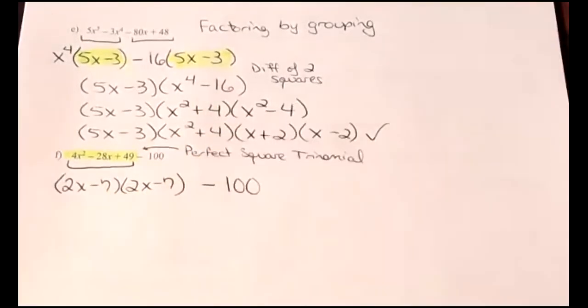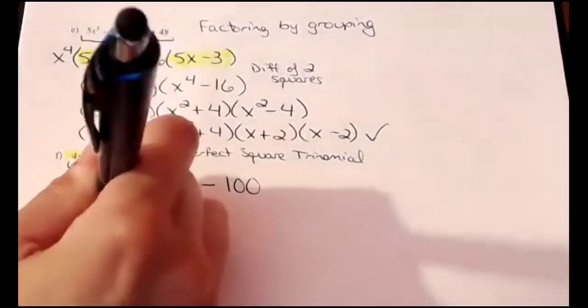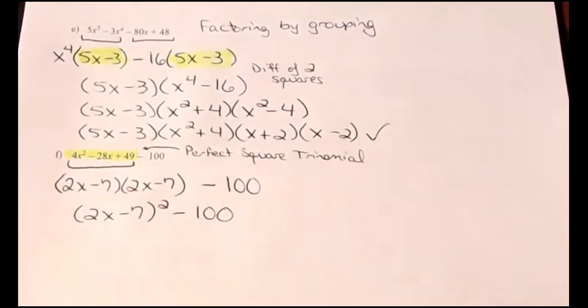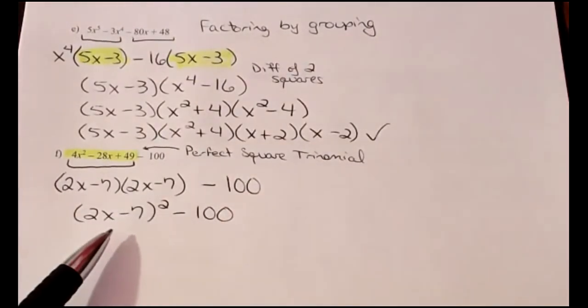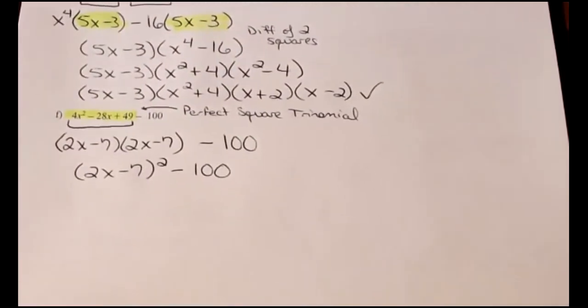Recall that when we dealt with perfect square trinomials, we always rewrote the expression as the square of the binomial. Because now we get to use our last technique, the one that we were a little bit reluctant to dive into because it's a little bit more complicated, but use substitution.